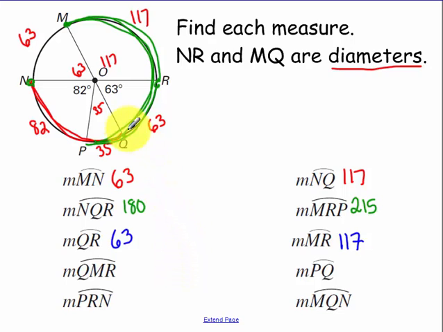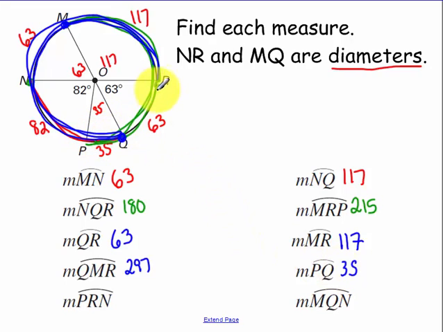QMR now. Starting at Q, going all the way to M, all the way over to R. So that's most of our circle minus 63. So 360 minus 63, 297. Arc PQ, that one's easy, 35.